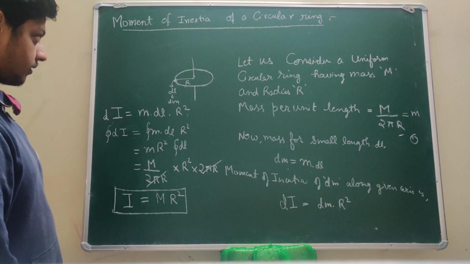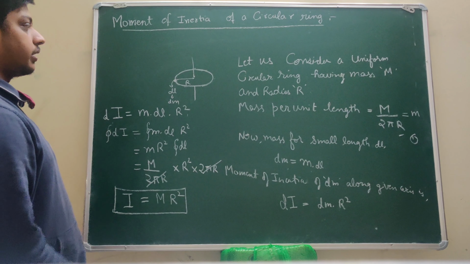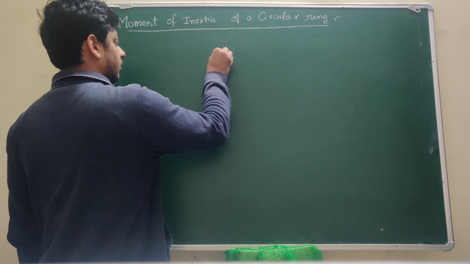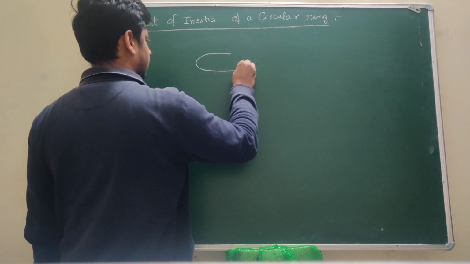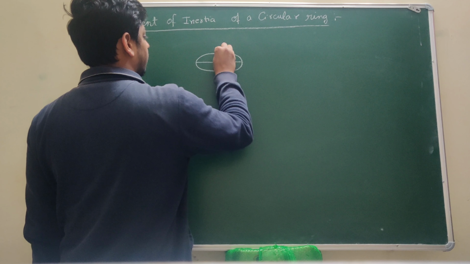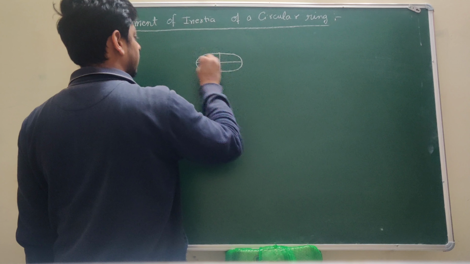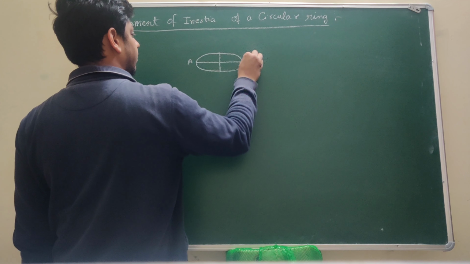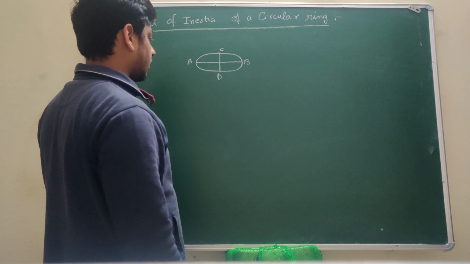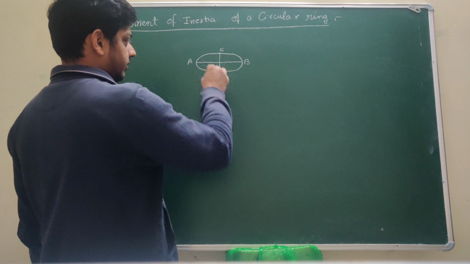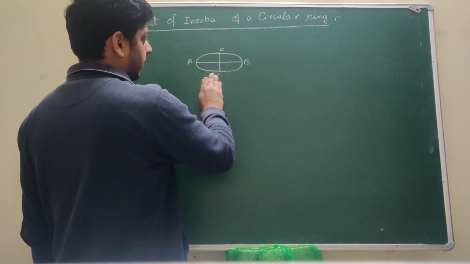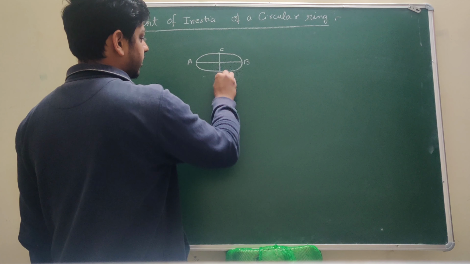Now we'll see the moment of inertia along the diameter of the ring. Let us take two diameters AB and CD which are mutually perpendicular to each other.